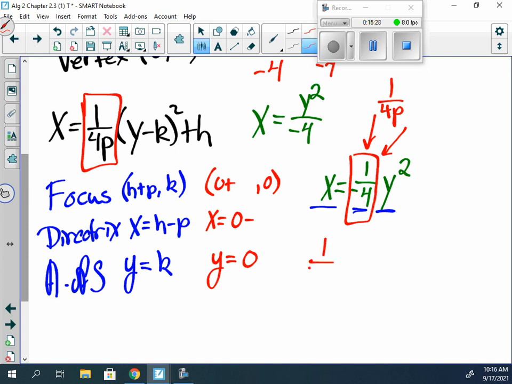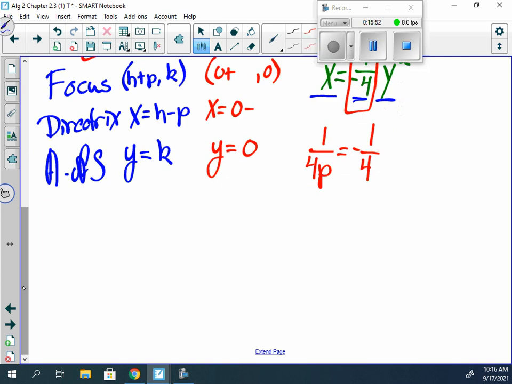So what we can say is that 1 over 4p is equal to negative 1 over 4, because that is its location, yes? This is part of the reason why we get it set up in this way, because now I can match those two up and solve for the value p. Well, p is in the denominator, yes? So to get it out of the denominator, I'm going to multiply both sides by 4p.